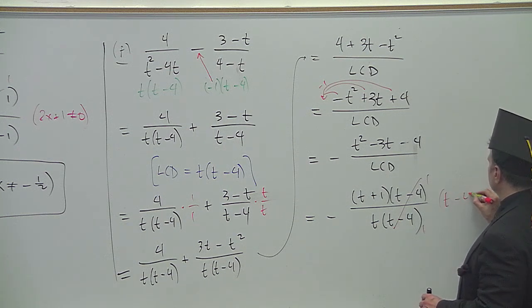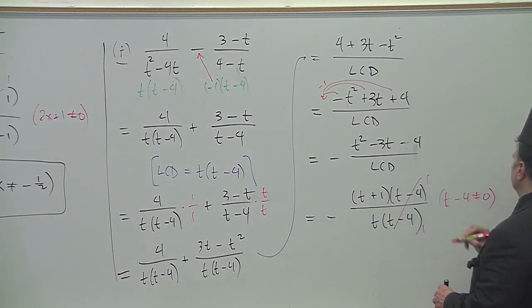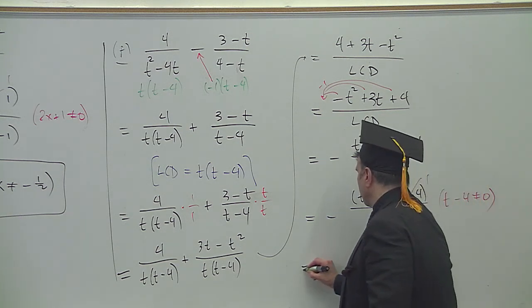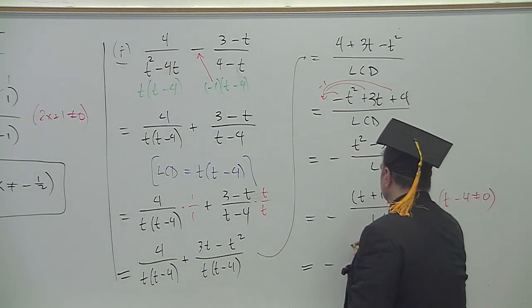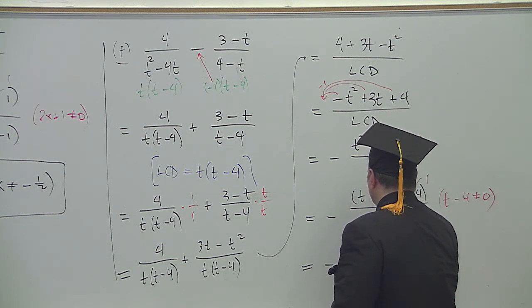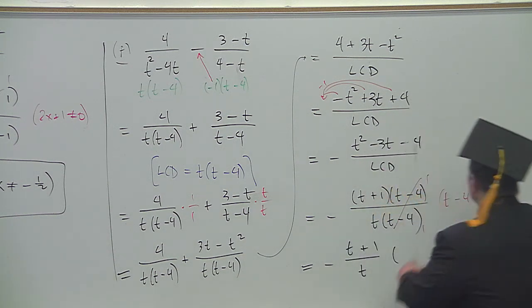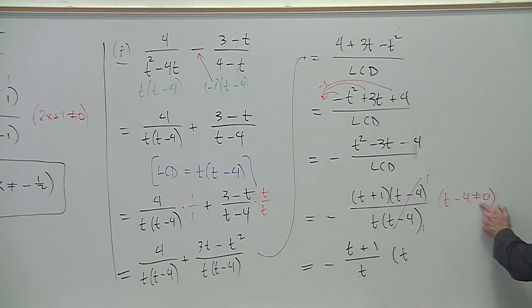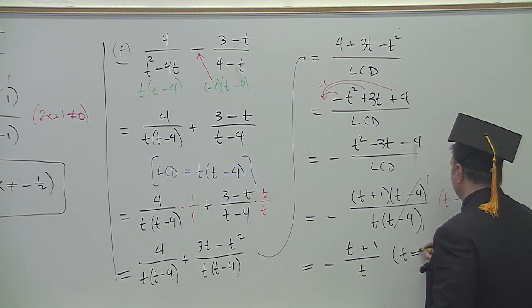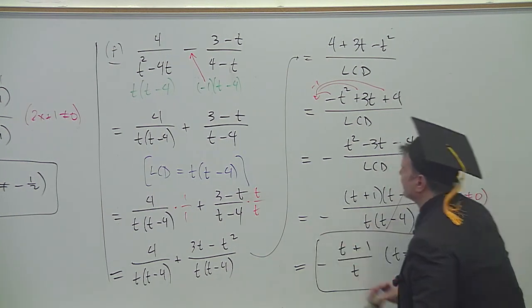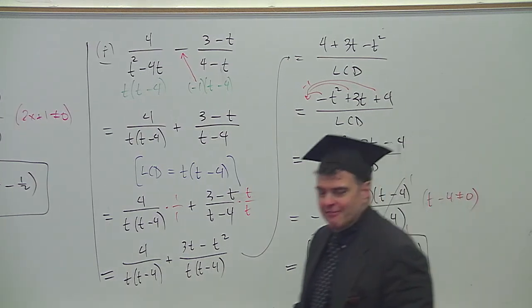They cancel, subject to the stipulation that t minus 4 is not 0. And so, finally, we get the answer minus t plus 1 over t, provided t, notice this is equivalent to saying t is not 4. That's the answer for example F.